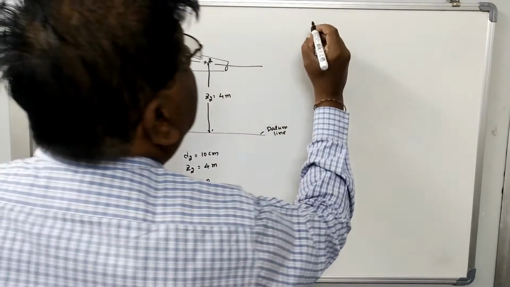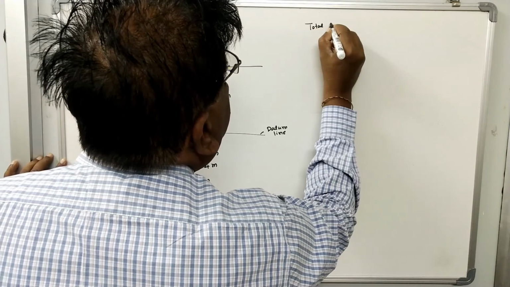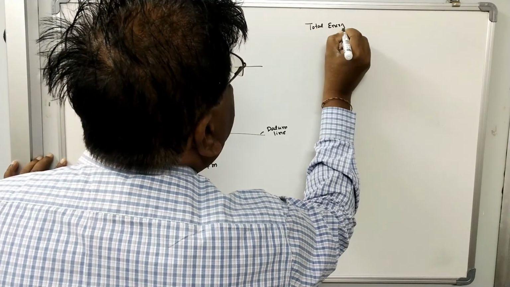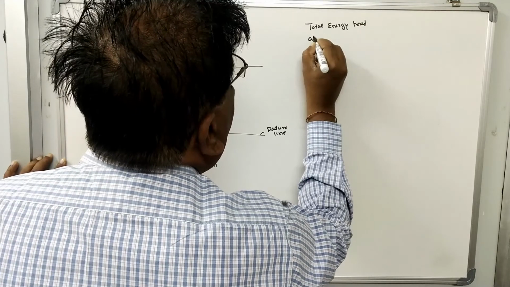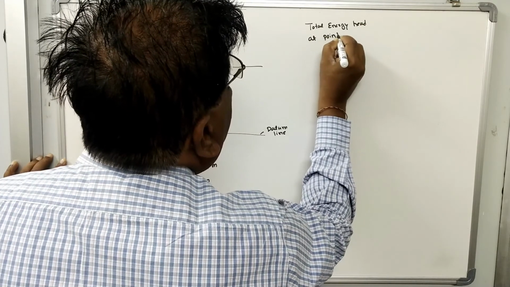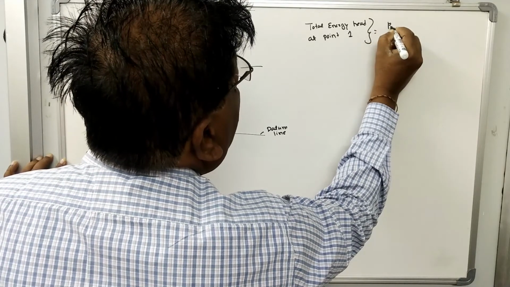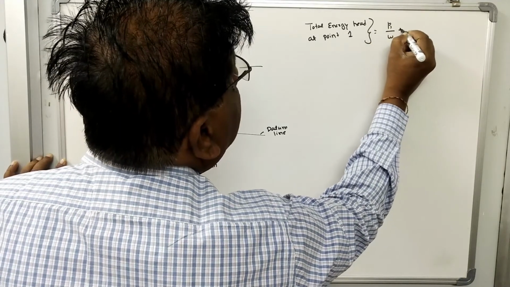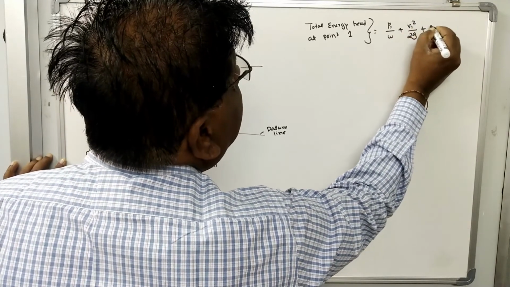So let us take the total energy head at point 1, which is equal to P1 by W plus V1 square by 2G plus Z1.